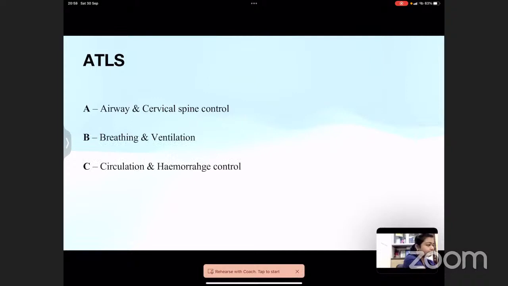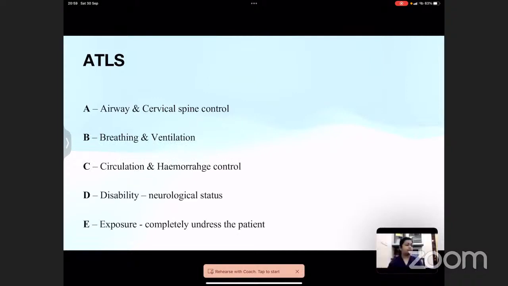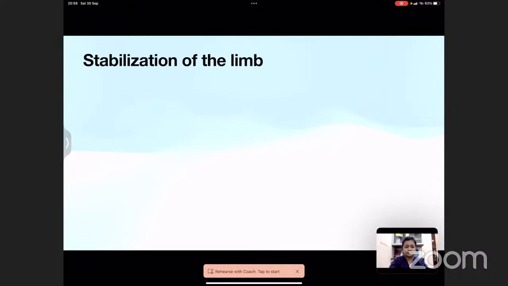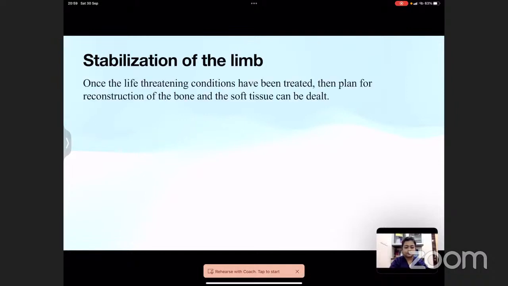ATLS consists of airway and cervical spine control, breathing and ventilation, circulation and hemorrhage control, disability and neurological status, and exposure, completely undressing the patient to check whether we are missing any other injuries. Stabilization of the limb: once the life-threatening conditions have been treated, then reconstruction of bone and soft tissue can be planned, assessing the viability of the limb.